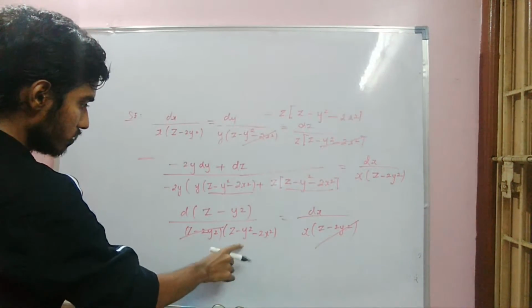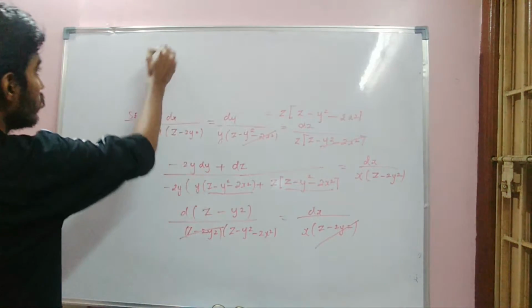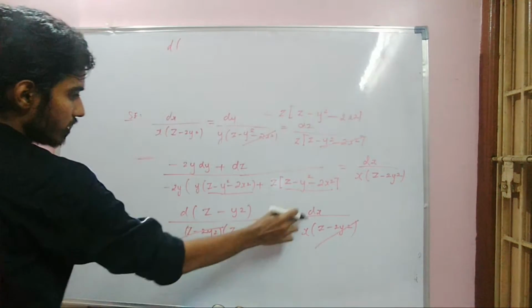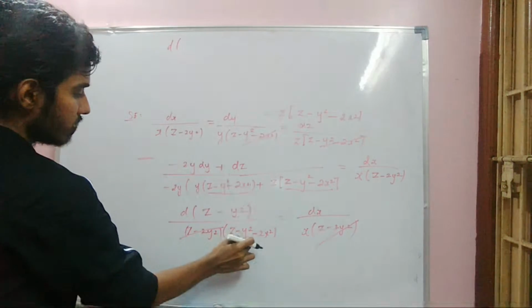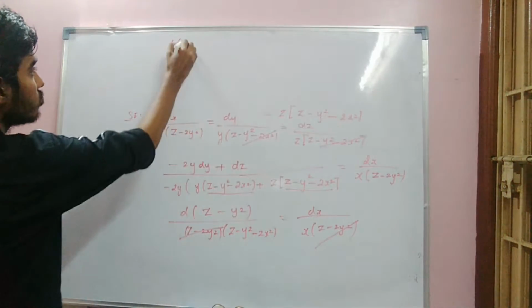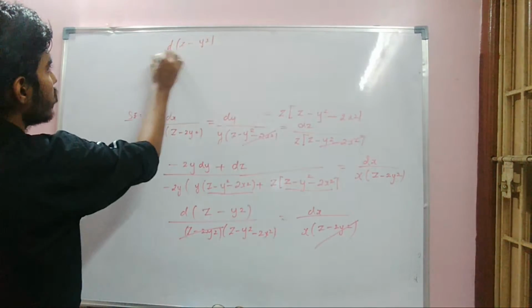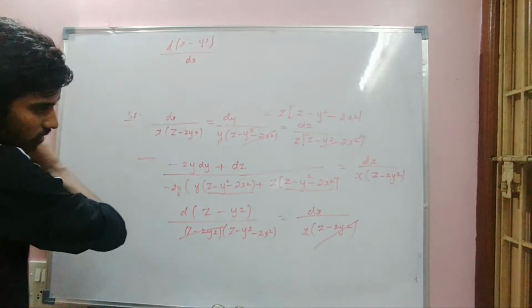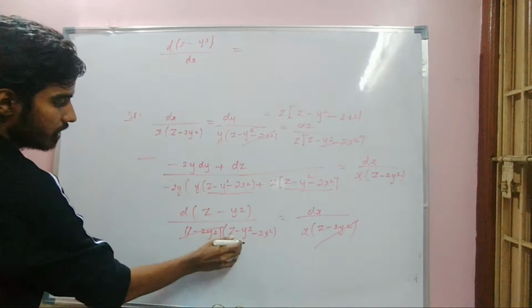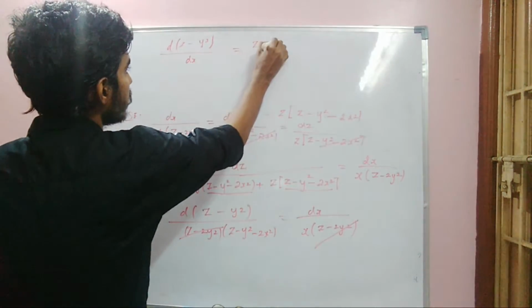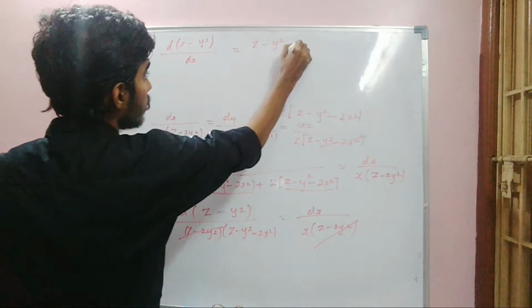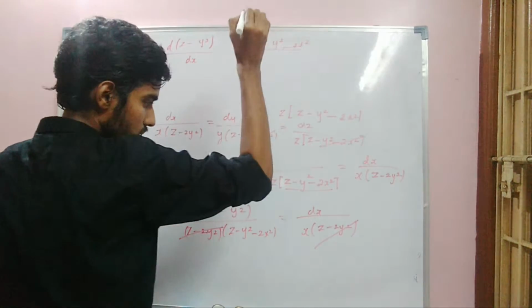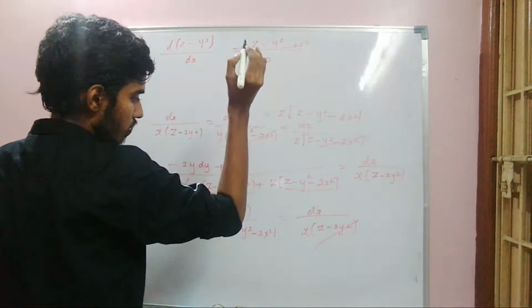So I can write this equation to be equal to d of, I am just making dx here and then taking z minus y square to that side. So we have d of z minus y square divided by dx is equal to, if I bring this term here, z minus y square minus 2x square divided by x.